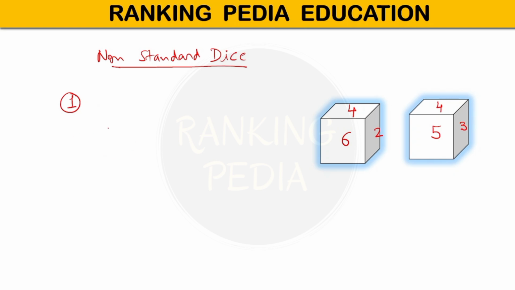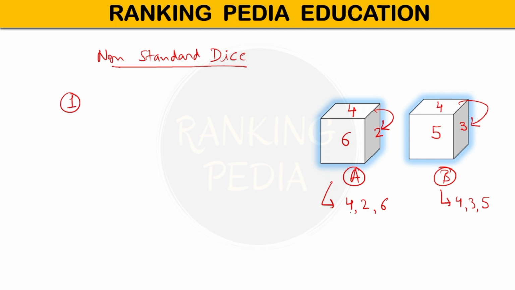Now if we rotate both dice clockwise, suppose this is dice A and this is dice B. From A we get 4, 2, 6, and from B we get 4, 3, 5.